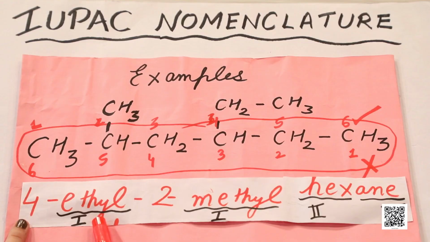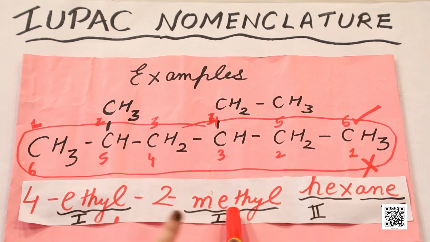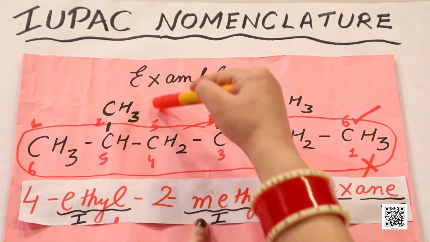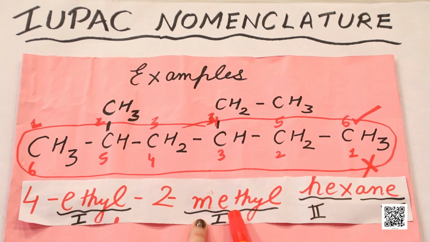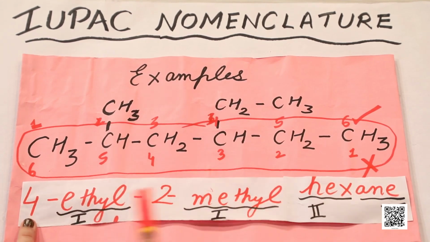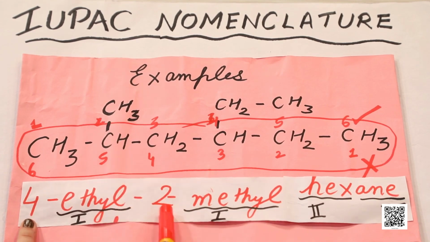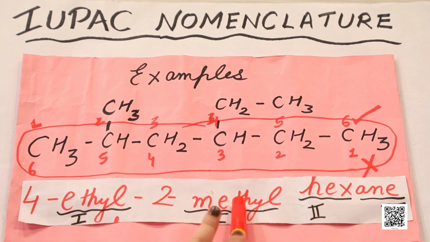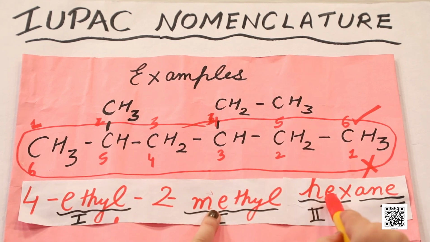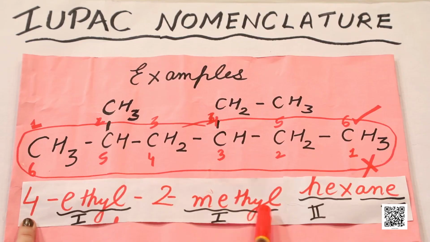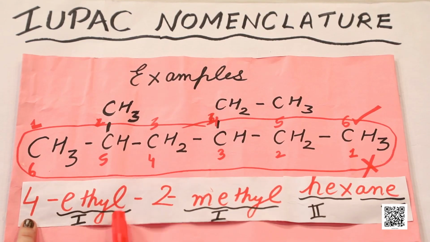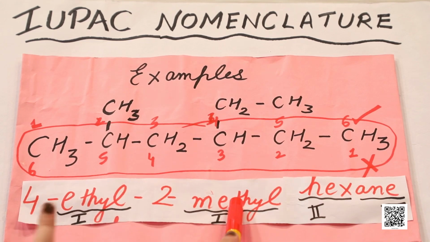Then position of second prefix, that is methyl, and we will write 2-methyl for that. Now, in the main chain, I have 6 carbons. So, root word becomes hex. Very good. And since all single bonds are there, primary suffix will be ane, A-N-E. So, overall name of this compound becomes 4-ethyl, 2-methyl hexane.